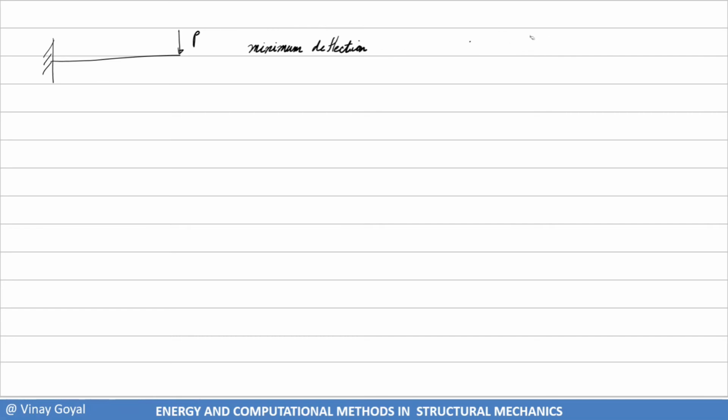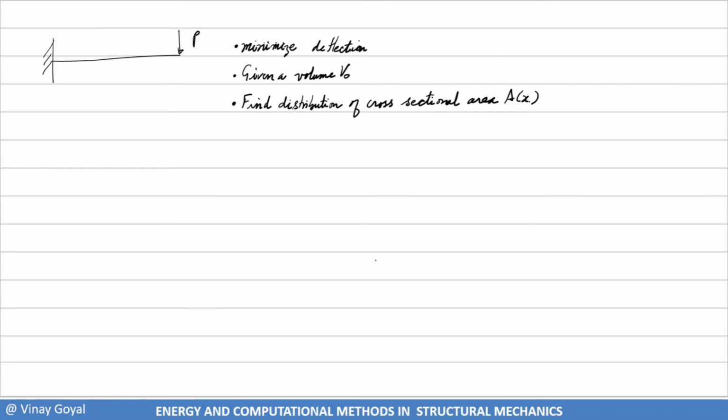Let me actually say it more correctly. Minimize deflection, sorry. What I want to do is minimize deflection given a volume V naught, find the distribution of cross-sectional areas. Which is actually a very interesting problem.